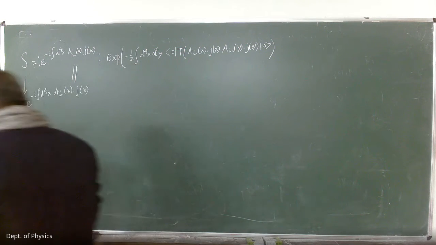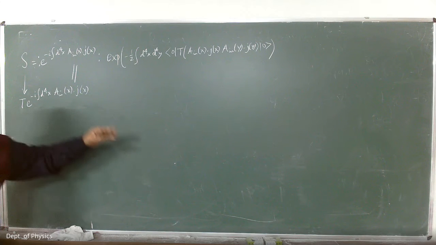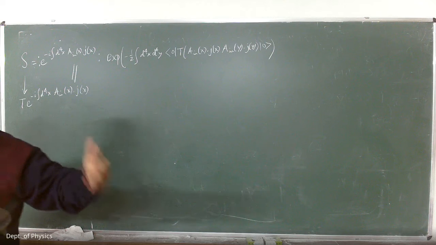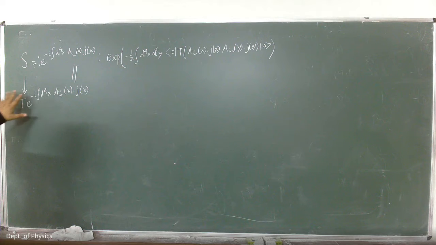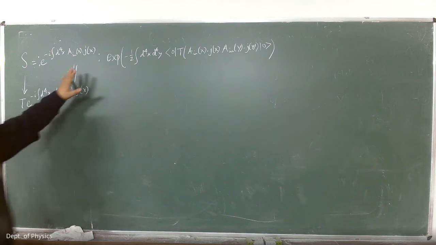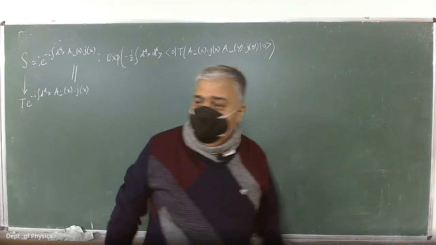So to proceed further, we would like to expand this exponential, and we get terms: the first term will be independent of J, just one, the second term will involve J, the third term will involve J squared, and so on and so forth. Likewise, on the left hand side, here also you will have this kind of expansion, and on the right hand side also.